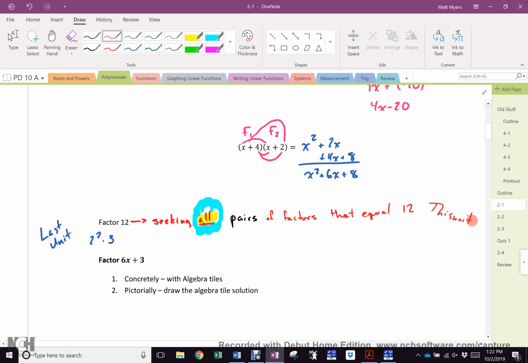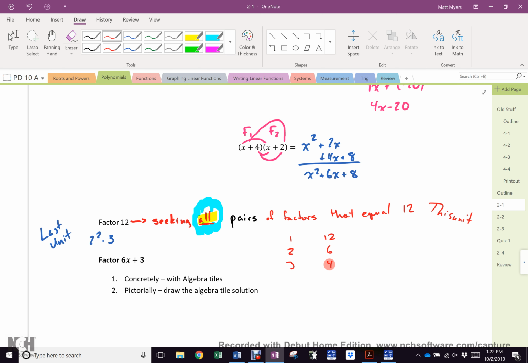Now, what is the first pair of factors for 12? 1 and 12. Good. Everybody forgets 1 and 12. What is the next ones? 2 and 6. What is the next ones? 3 and 4. Now, please notice something. All of those are integers, aren't they? Yes.